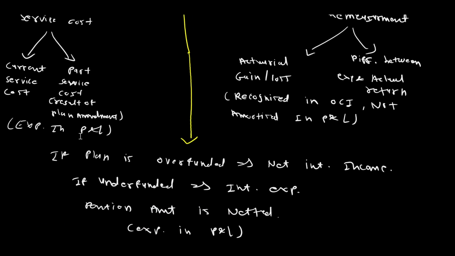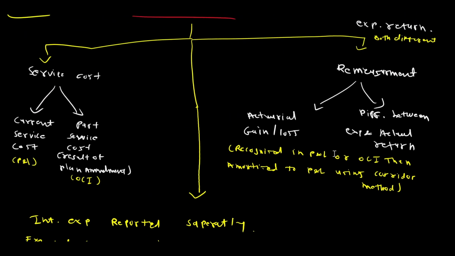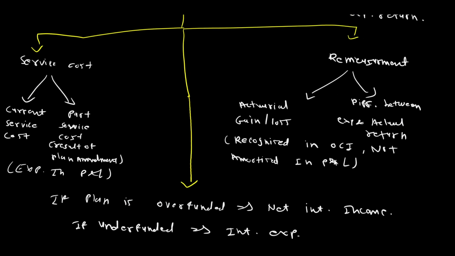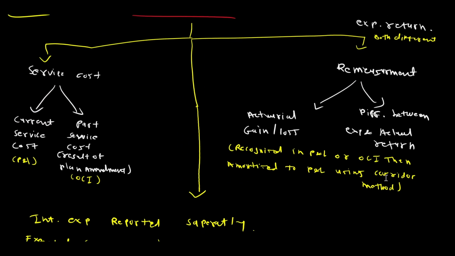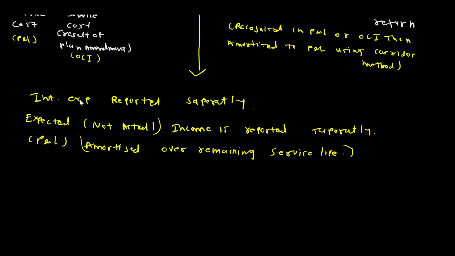Here both go in the P&L. Remeasurement is recognized in P&L or OCI, then amortized to P&L using the corridor method. Here no amortization in the P&L. Here amortization in the P&L. And net interest expense is reported separately, and expected, not actual, income is reported separately and amortized over the remaining service life.